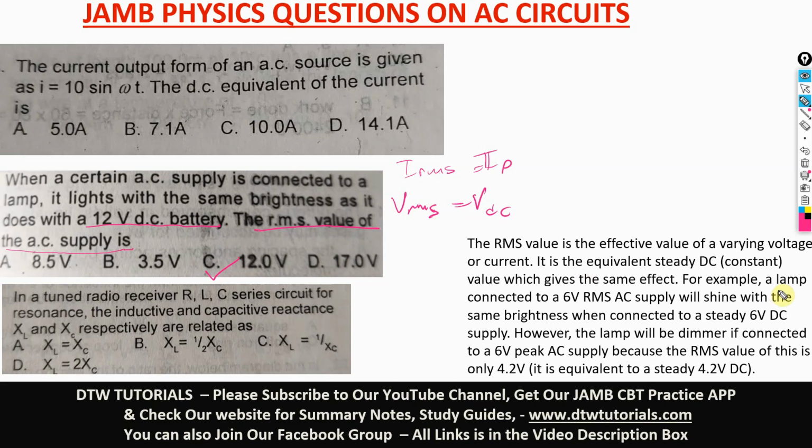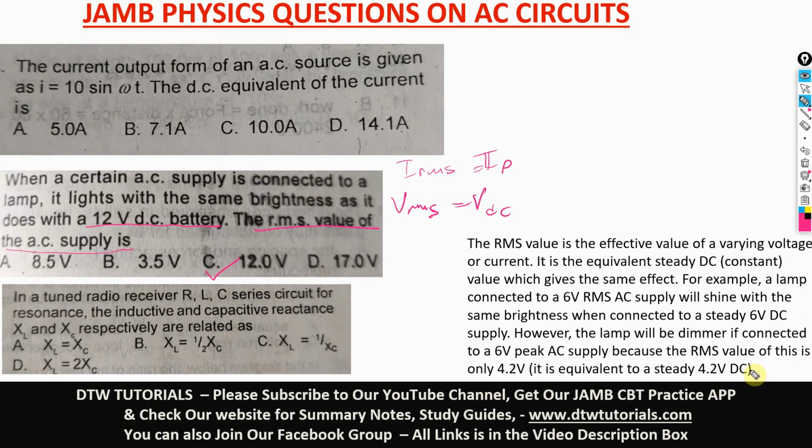It says here, for example, a lamp connected to a 6 VRMS supply will shine with the same brightness when connected to a steady 6 VDC supply. However, the lamp will be dimmer if connected to a peak. That's why I said you don't go and start looking at how to get the peak. If connected to a 6 V peak supply, the RMS of this is 4.2, lower, which means this is a steady 4.2 VDC.